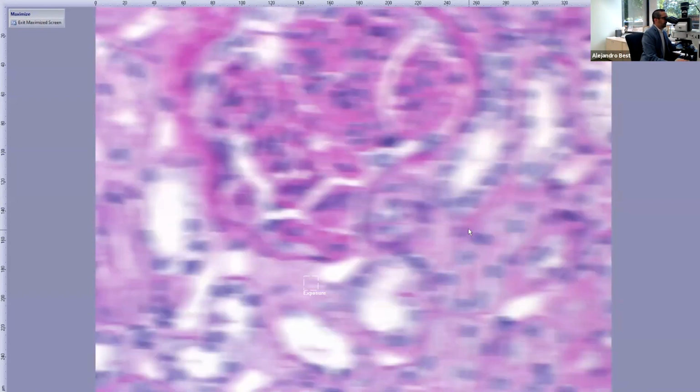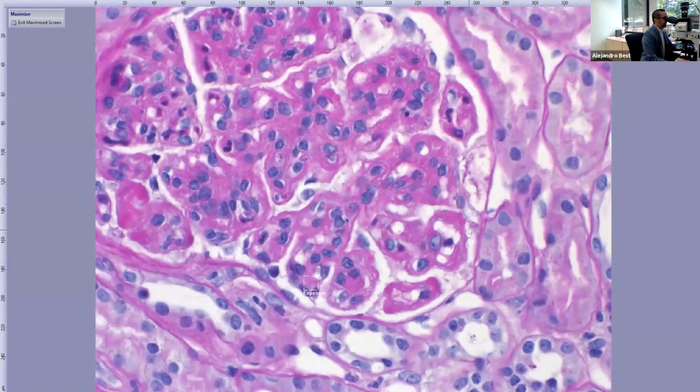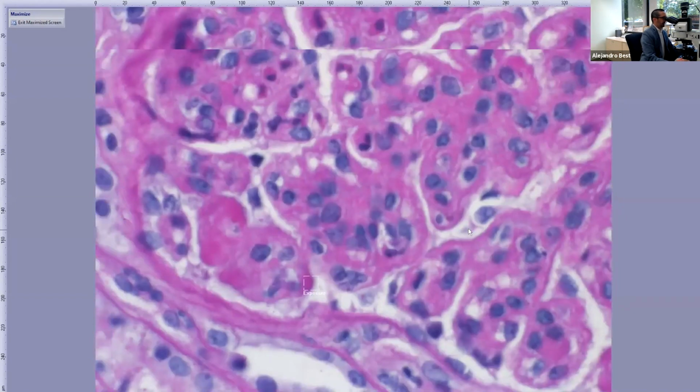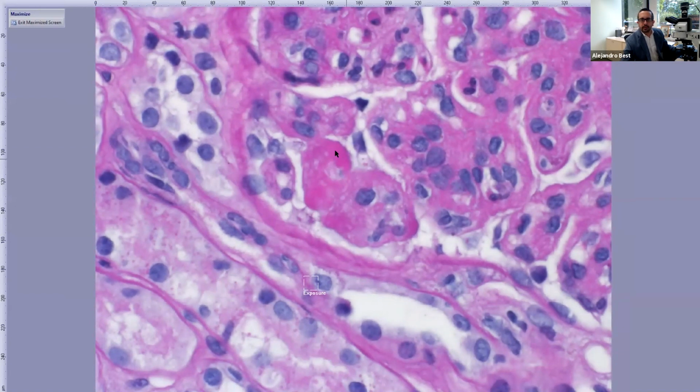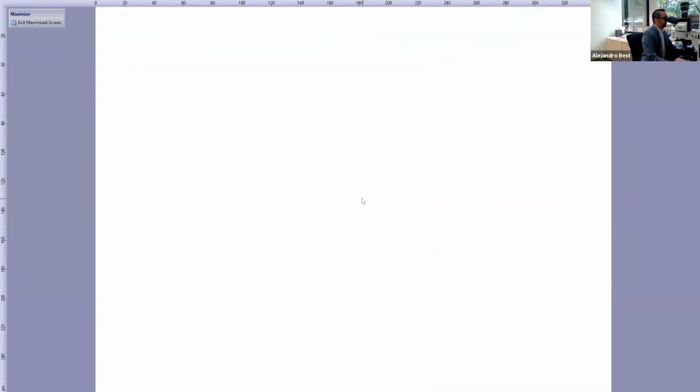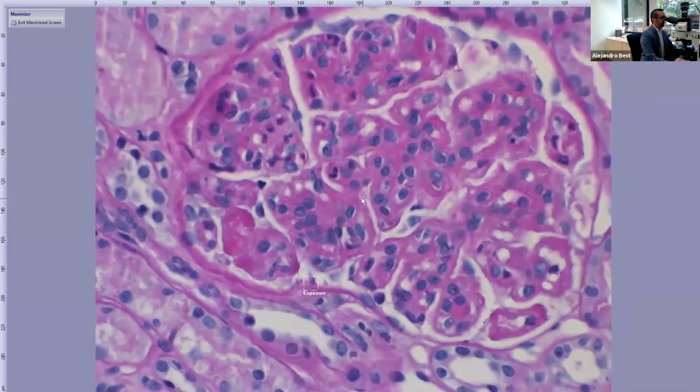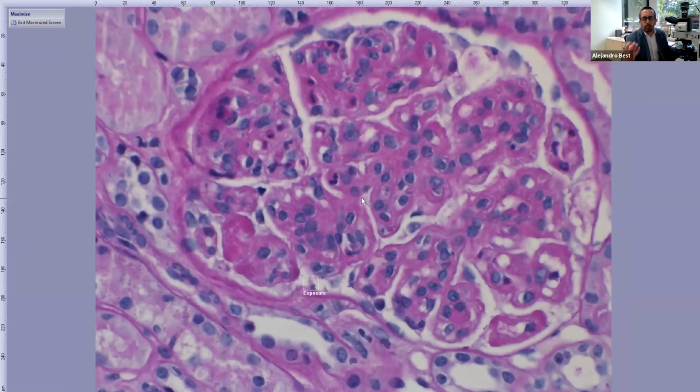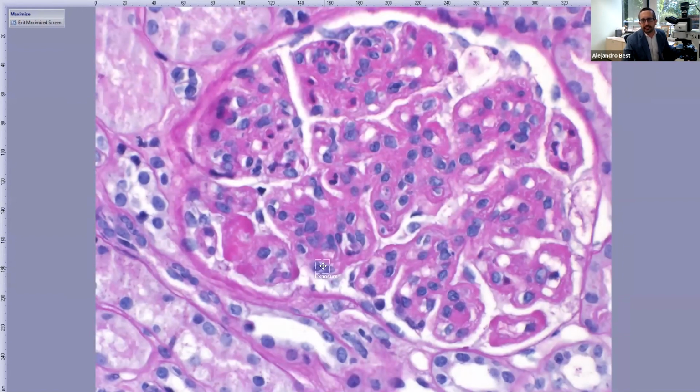Some of them, I'll try to prove that they are deposits. You see this very hot pink refractile material. When we go to the silver stain, you'll see that these structures will be weakly or non-argyrophilic. In other words, they will not stain with a silver-based stain. And that's a very classic characteristic of deposits.